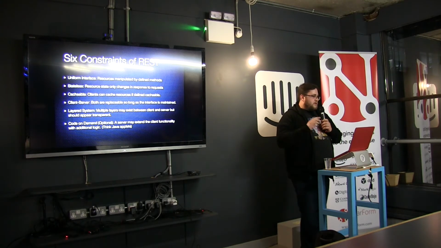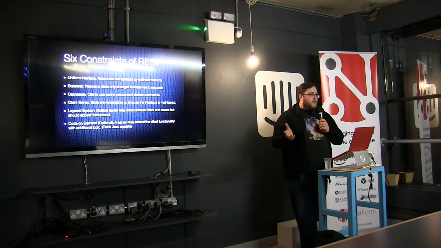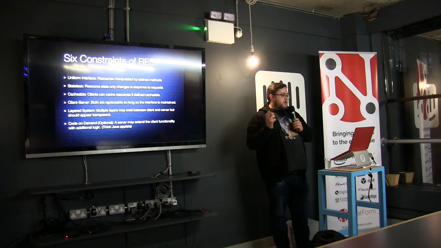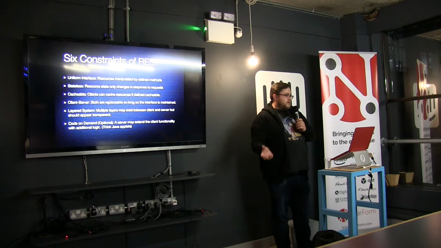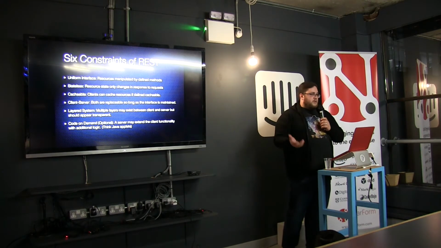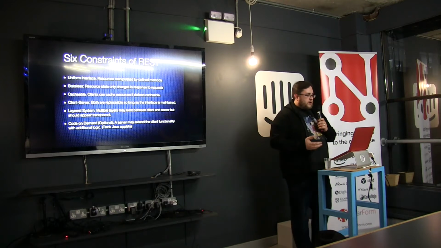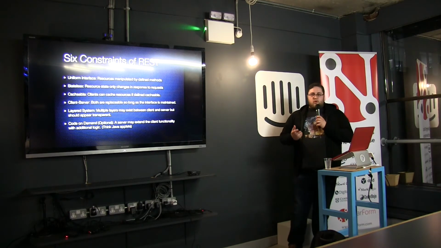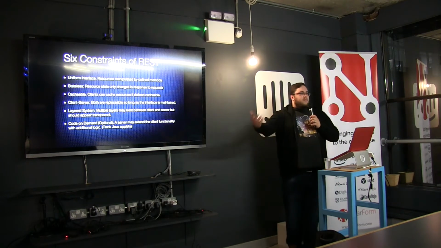The idea of client and server, and both of them are interchangeable. So long as we all talk the same uniform interface, it really doesn't matter whether it's a smartphone, a server, or an IoT device. It really doesn't matter what's on either side of the conversation, as long as it's the same. The idea of a layered system: it doesn't matter if you're behind 7 proxies.